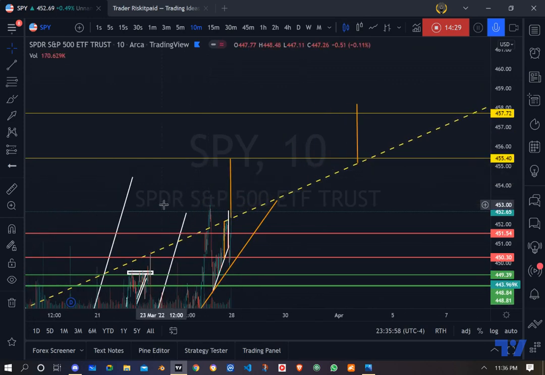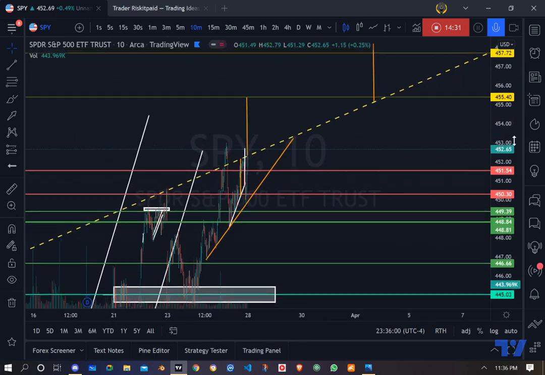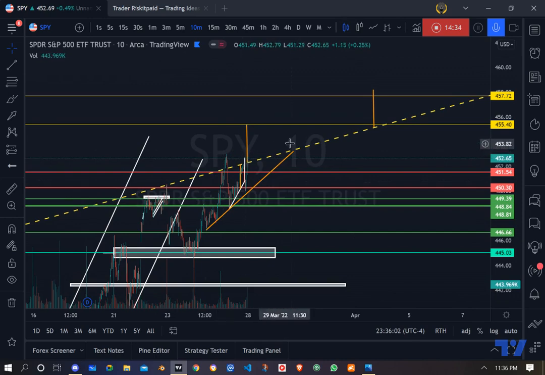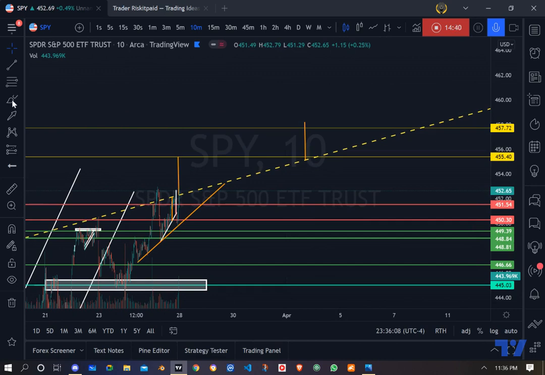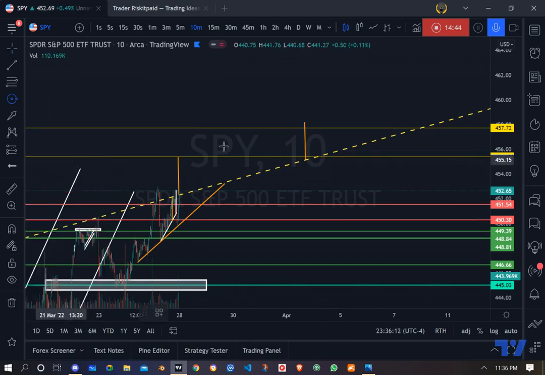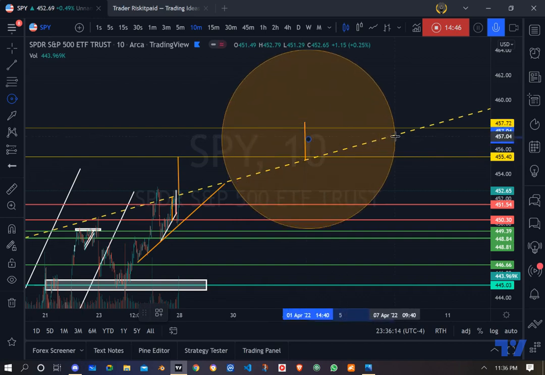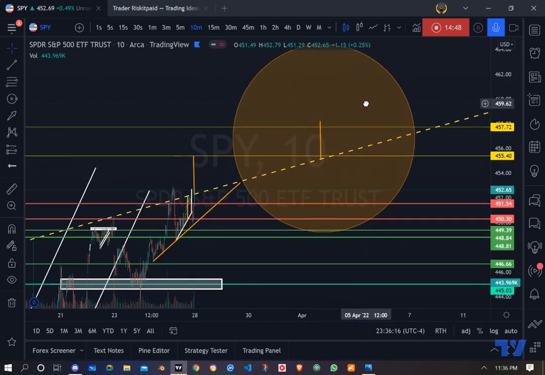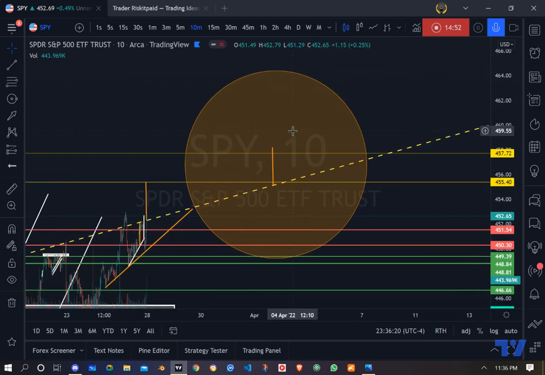So this is why I really think that this is the cup and handle, and it's coming to an end, and that this is where we'll get stopped out at, right up in this area right here.